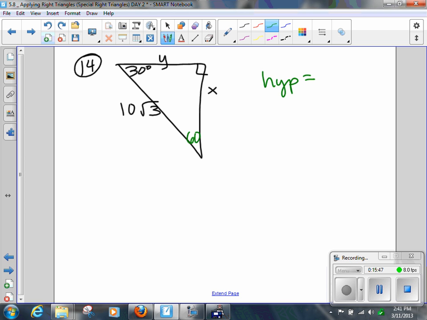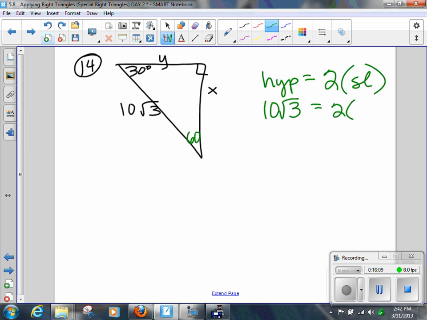And the hypotenuse is twice the short leg. What's that mean? The short leg. Well, what are we given? Which is the hypotenuse. So, substitute.